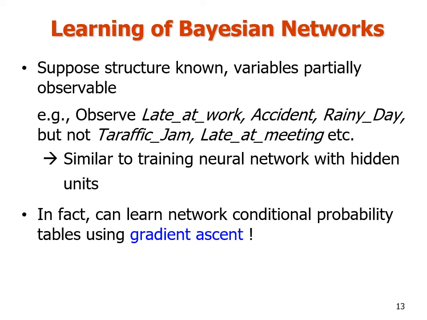The gradient ascent procedure searches through a space of hypotheses that corresponds to the set of all possible entries for conditional probability tables.